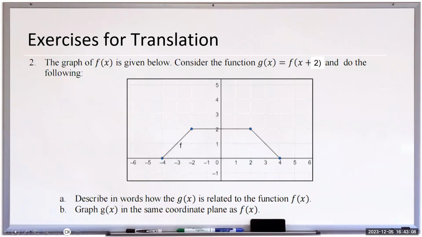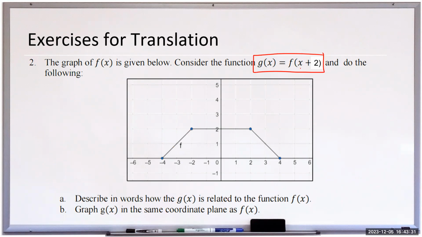For item number 2, the graph of f of x is given. Consider the function g of x equals f of x plus 2. Describe in words how g of x is related to the function f of x. If this is our parent function, then this is our description for the transformation.